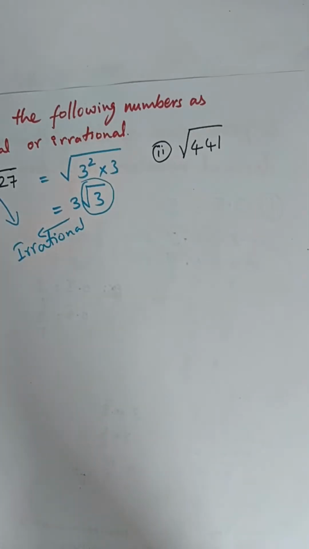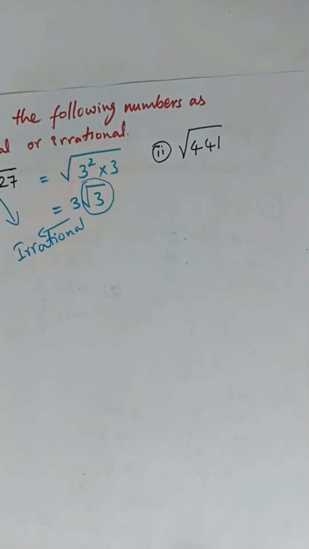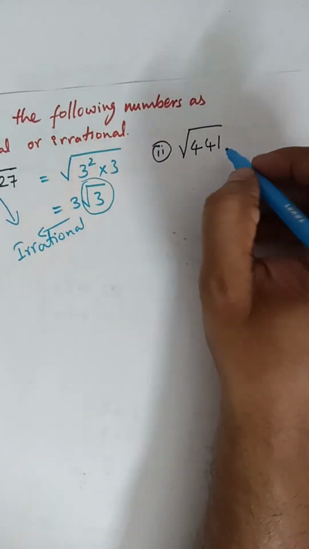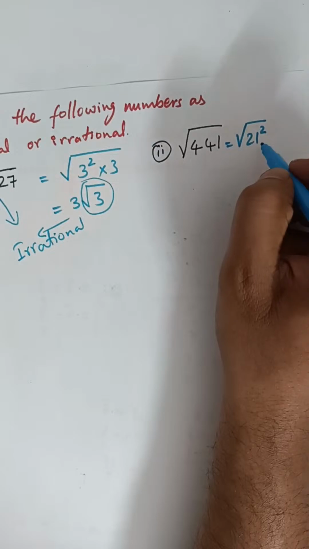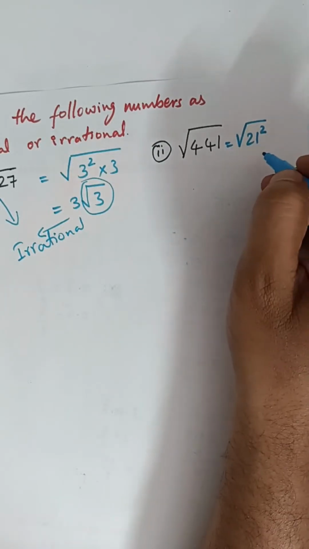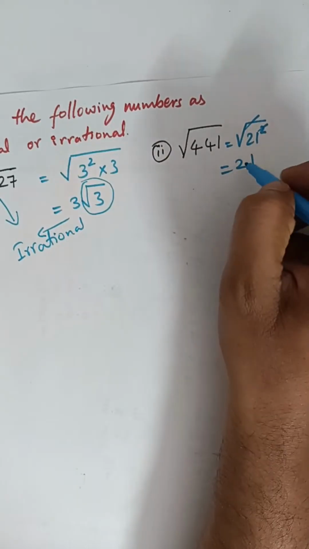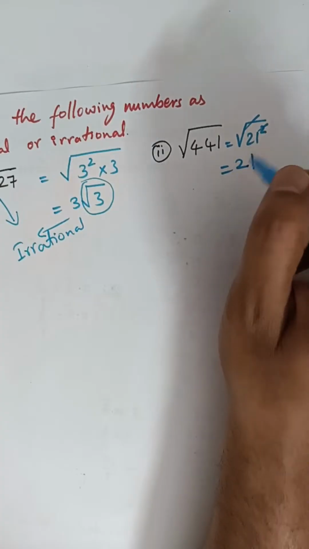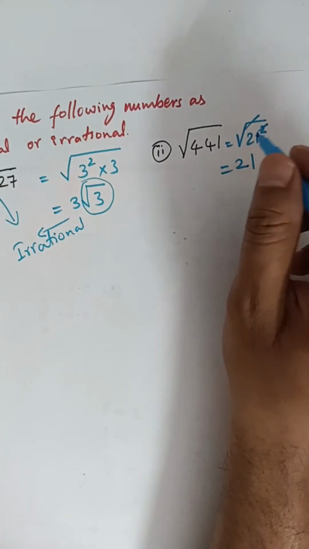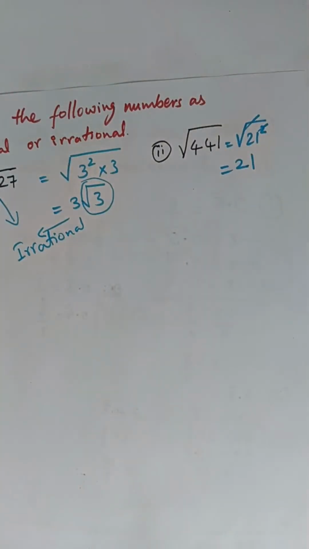Similarly, for which value the square or the square root of this will be what will get. So it is what? Square root of 21 square is 441. The square and root get cancelled. Answer is 21. So there is no root. So this is rational. This is a natural number. This is whole number. This is a rational.